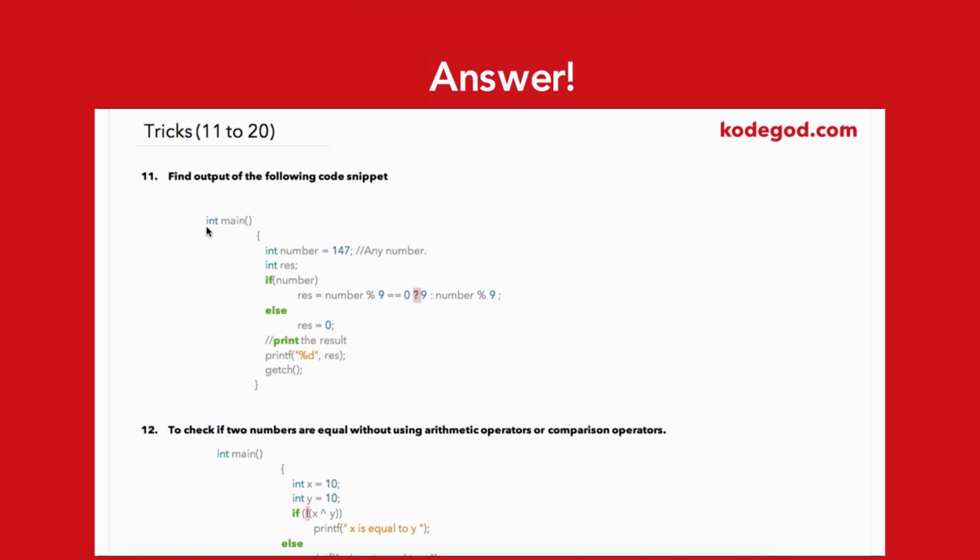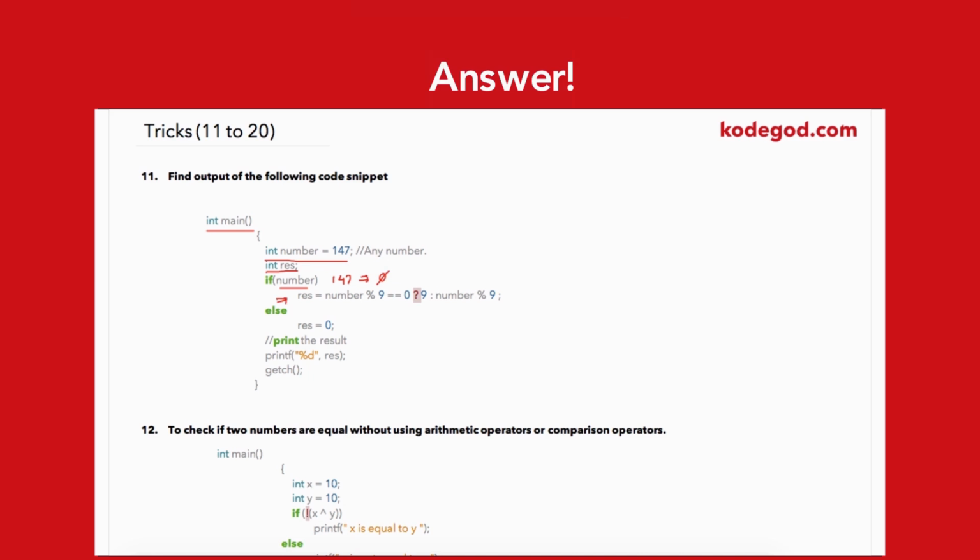Time's up. Here is the answer. So what we have here is main function, and then we are given any number. Here I'm taking example as 147. Then we have another variable as res, which will be storing the result. Then we are checking if number, which is 147, which is a non-zero value, which means this is a true condition.